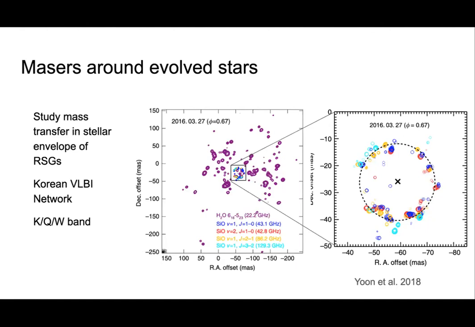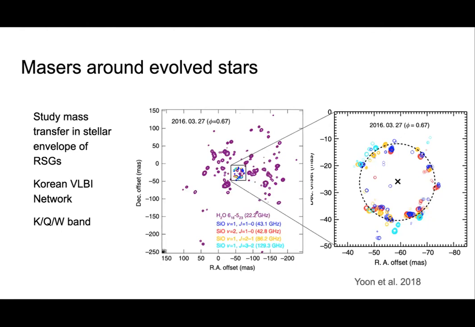Various maser transitions trace different parts of these shells, as you can see in this image, where 4 transitions of SiO masers trace a nicely spherically symmetric shell around the star, while the water masers are scattered all across a larger area around the field. And this can tell you something about the mass transfer.